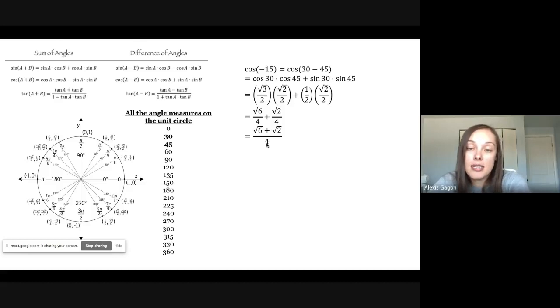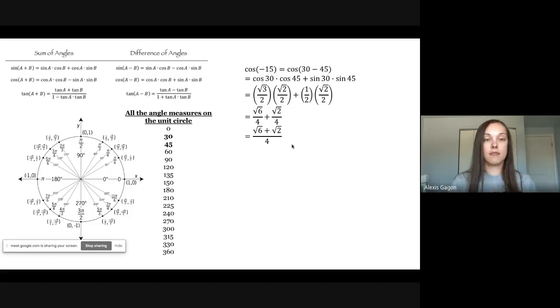Then let's put in square root of 6 plus square root of 2 over 4, and you should get the same exact thing. And I get the same exact answer. So it's a way to double check yourself there. Okay.